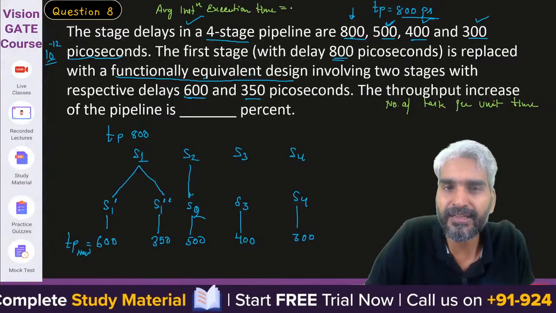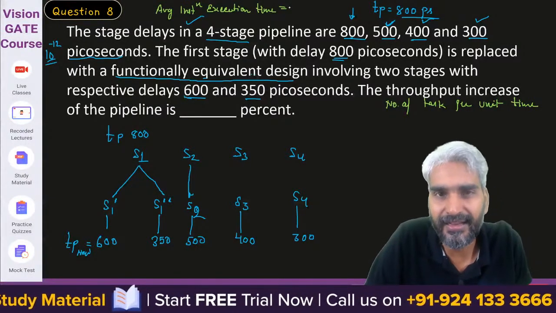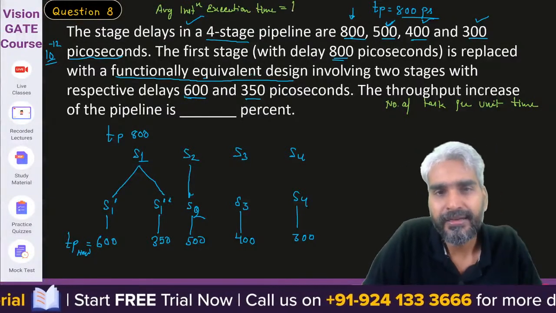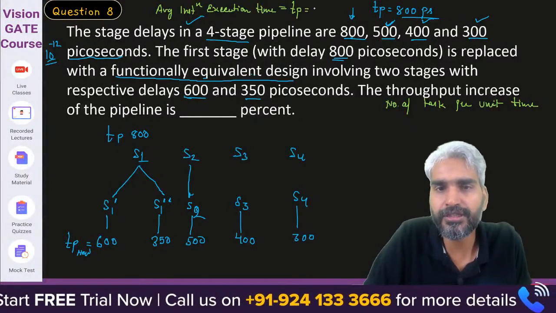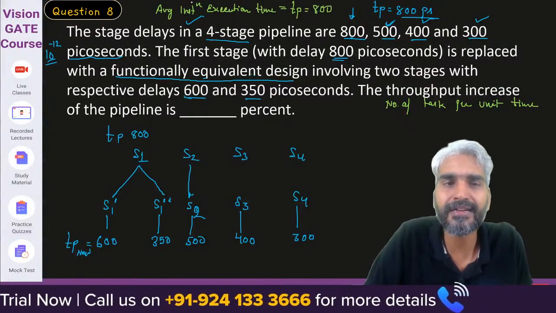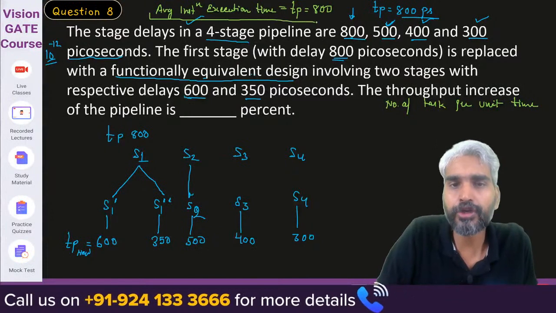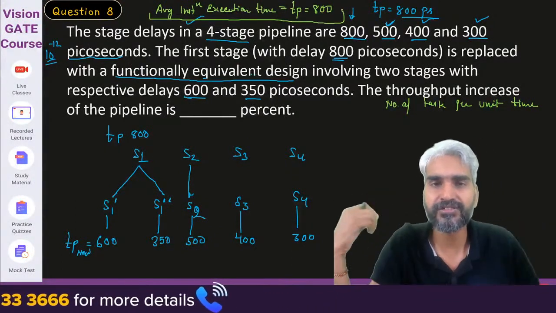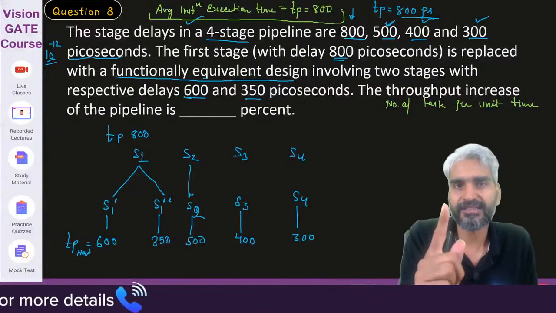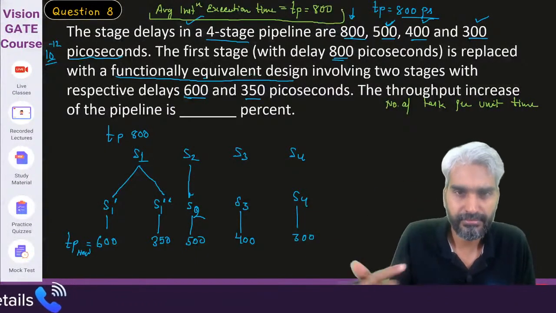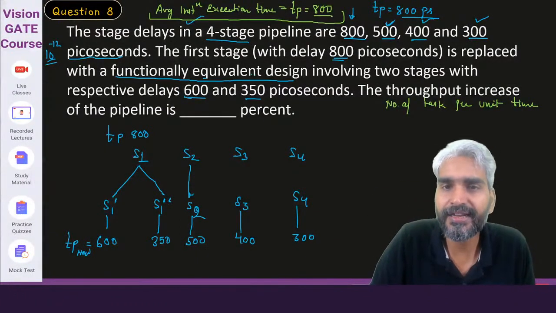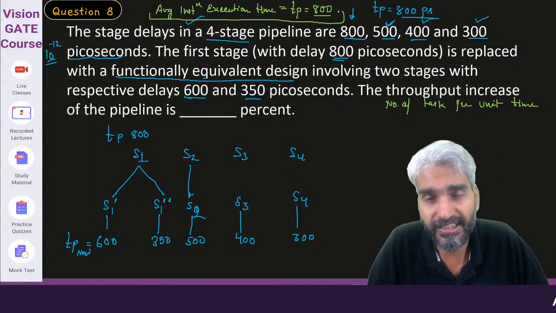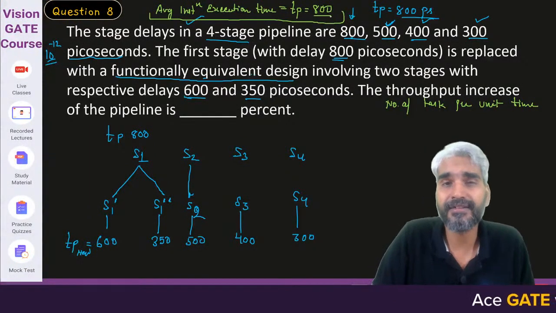The cycles per instruction will be equal to one cycle, and that will be TP. So average instruction execution time will be TP equals 800 for the old pipeline, because on average each instruction will require one clock cycle, and one clock cycle is 800 picoseconds.